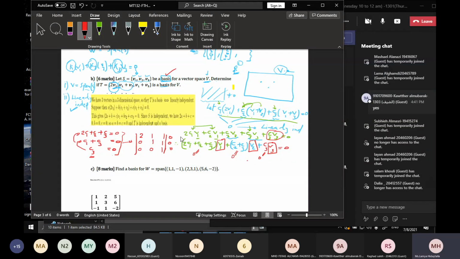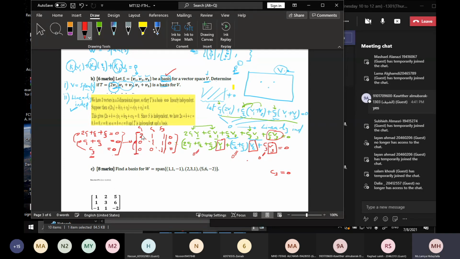This is my augmented matrix. There is no need to reduce it to echelon form because it is upper triangular. I can solve from here. This column corresponds to C1, this one to C2, and this one to C3. From here, 1 times C3 is equal to 0, so C3 is equal to 0. Now I move to the second one.